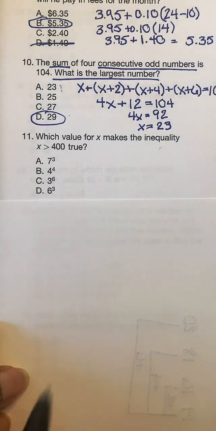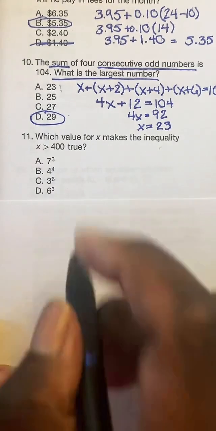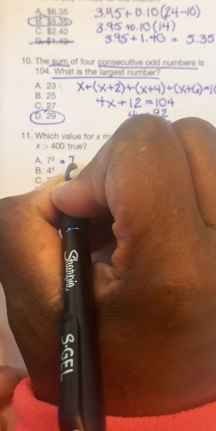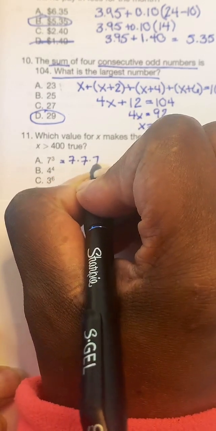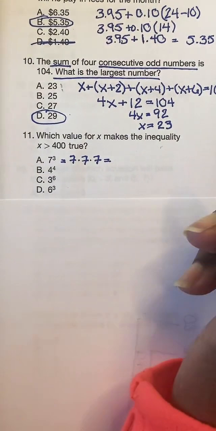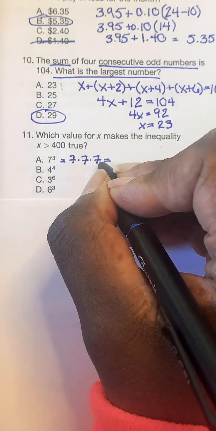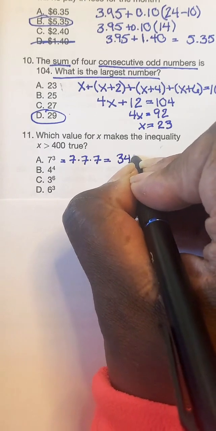All right, so first off, we need to know what these values are. 7 to the third power is the equivalent of saying 7 times 7 times 7. 7 times 7 gives me 49, and 49 times 7 gives me 343.